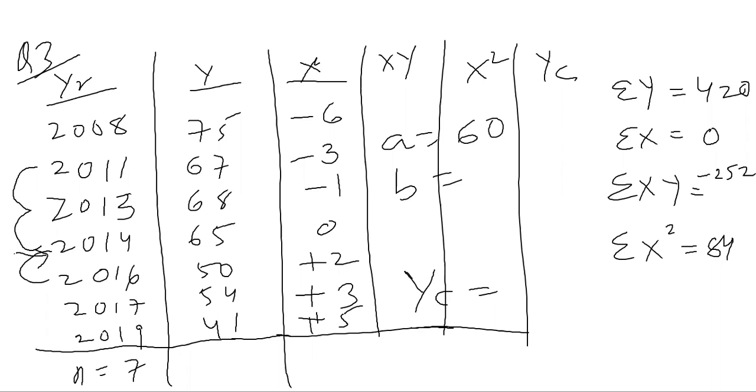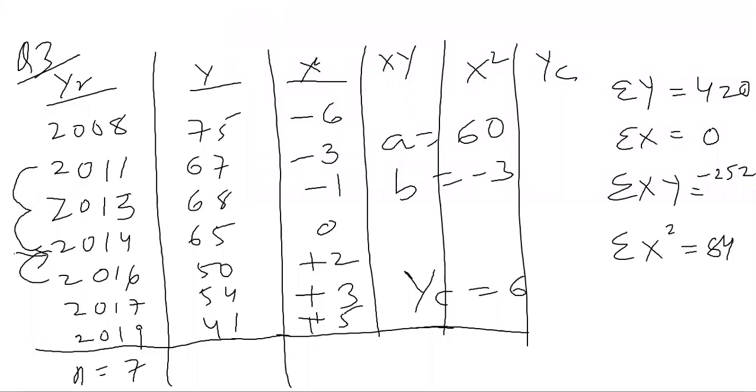What is your B value? Minus 3. So B is minus 3.